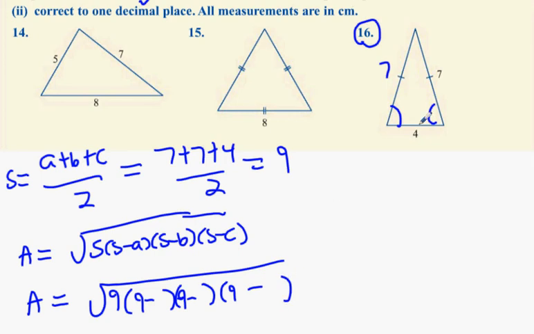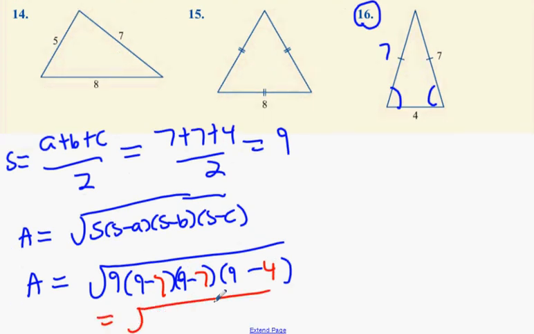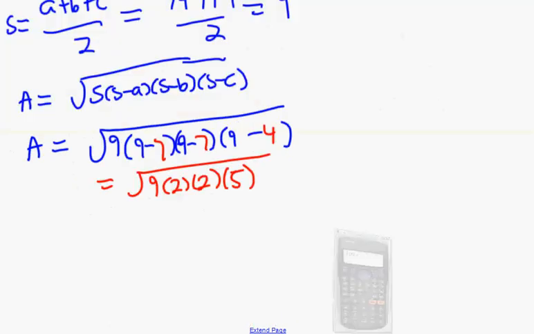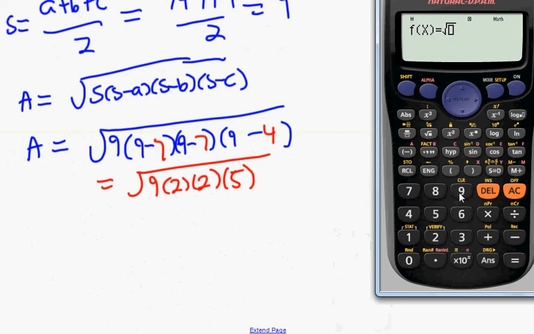What are the three numbers we're going to use? 7, 7, and 4. Now to shorten this up a little bit, it's going to be 9 by 2 by 2 by 5. No, order does not matter with this question. Any side can be A, any side can be B, and any side can be C. And I'm in table mode, thanks.